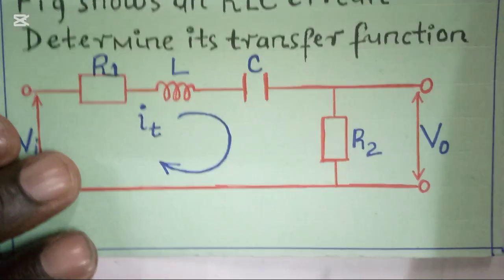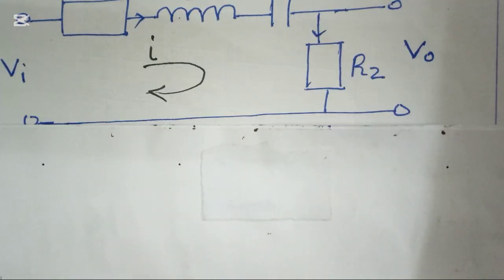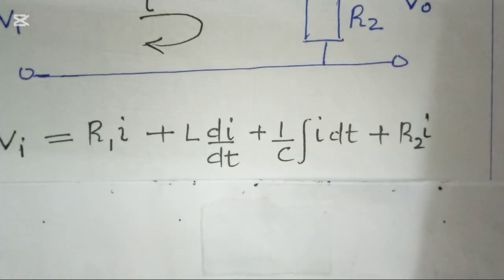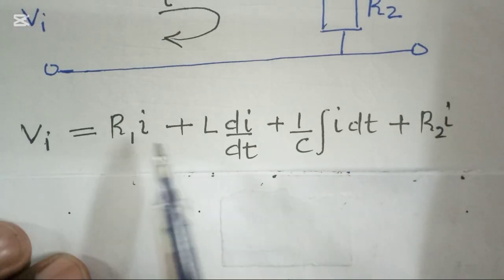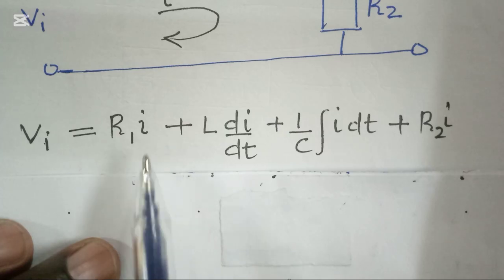And so guys, we begin doing the problem. So here is our problem as you can see. And then we are now going to take the V input, which is given by that. We have the voltage across the resistor is R1I.